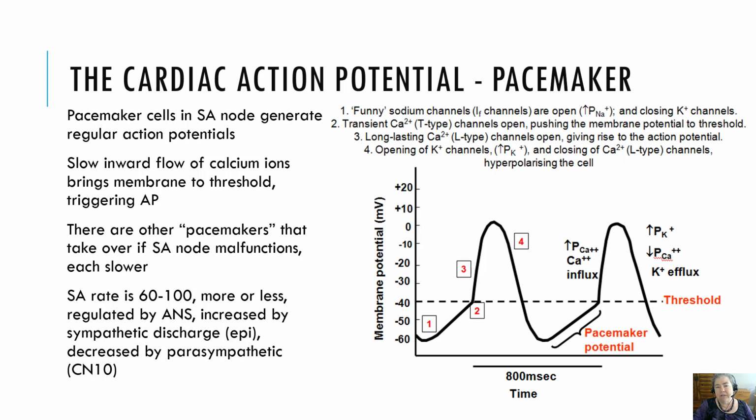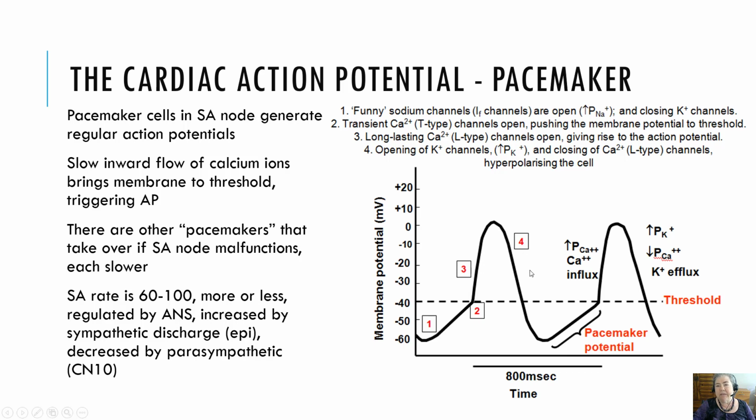One of the very important ones is the transient calcium channels that allow for a leaking of calcium into the cell, bringing the cell membrane potential to threshold, allowing for the generation of an action potential, which is completed by long-lasting calcium channels and potassium channels.